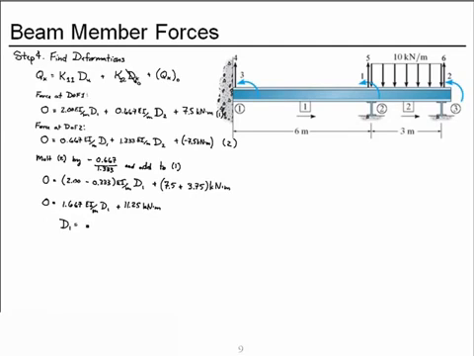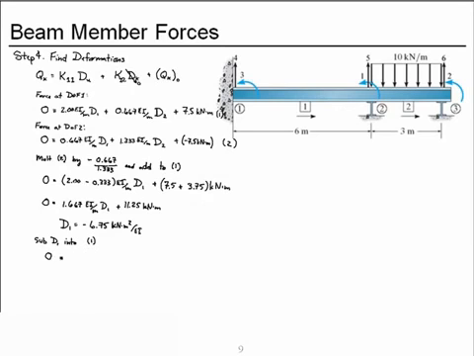So I can solve that for deformation 1, and I get a negative 6.75 kilonewton meter squared over EI. And then I'll substitute deformation 1 into equation 1.